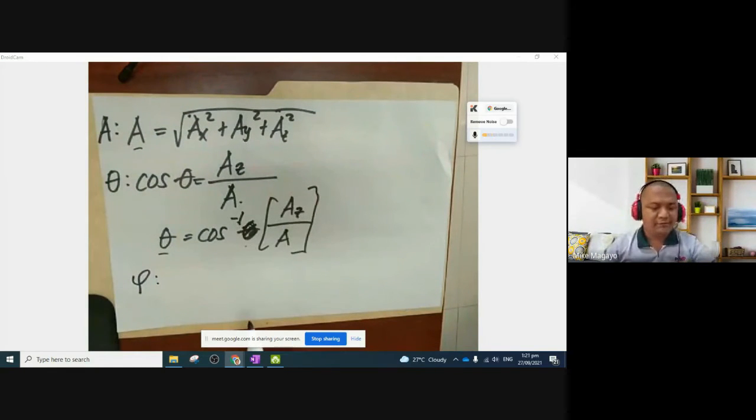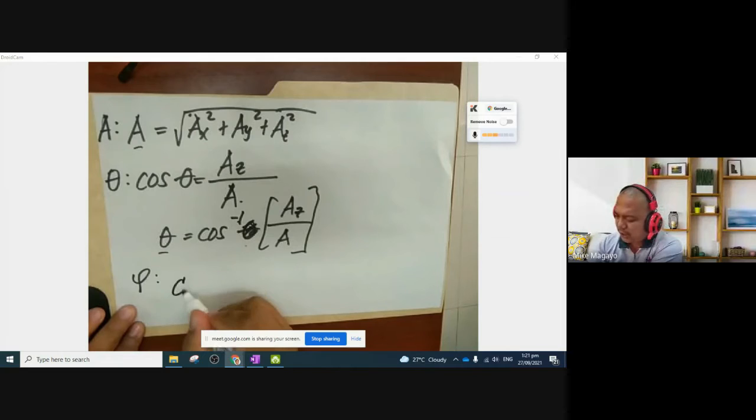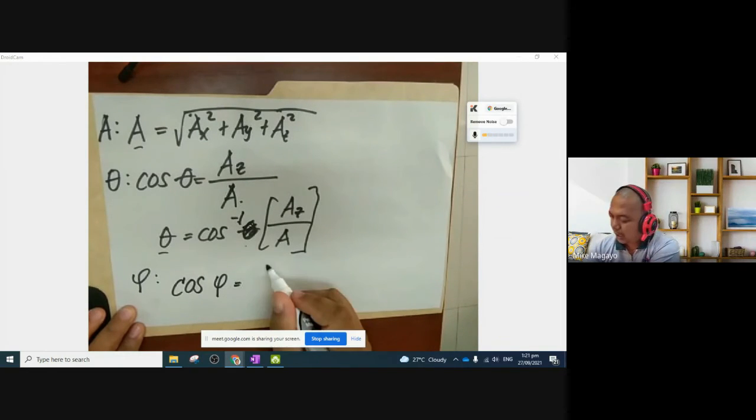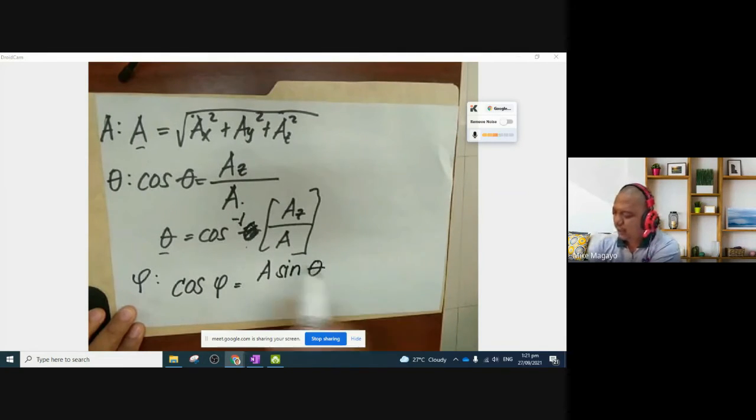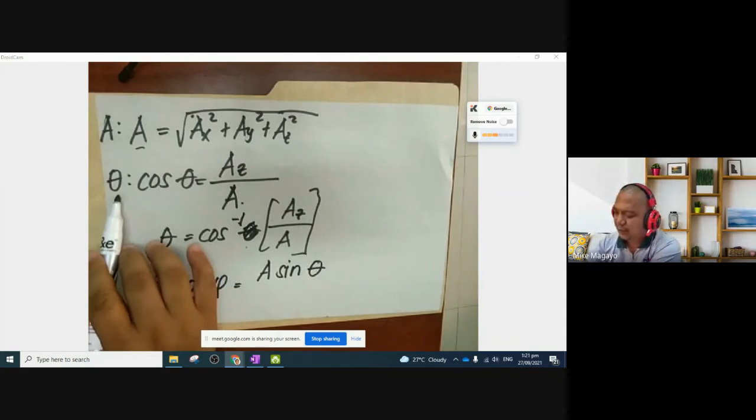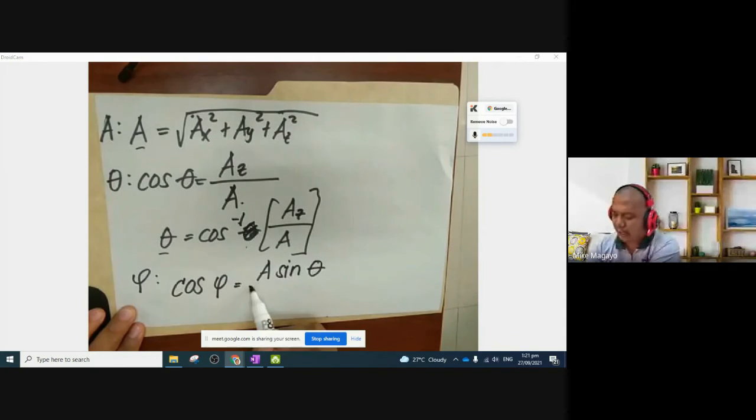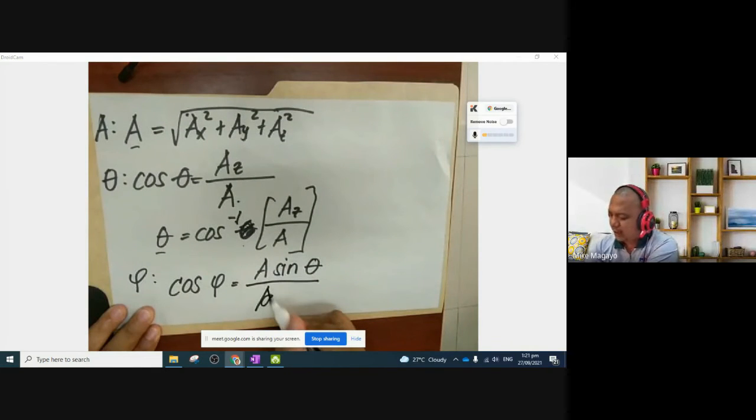To determine angle phi, we could use this relationship: cosine phi equals A sine theta, the theta that you have identified already here, divided by A sub x.